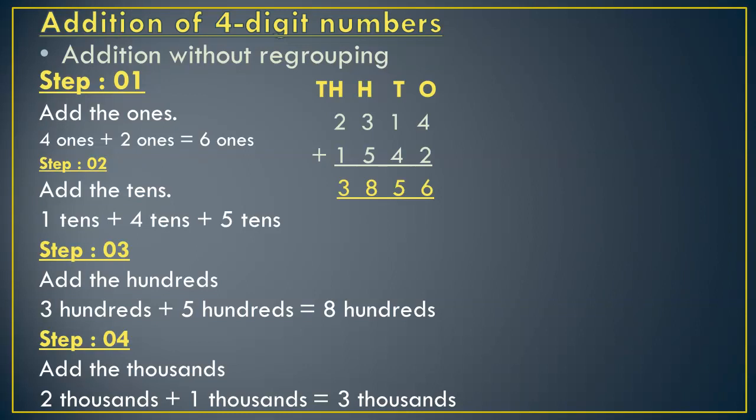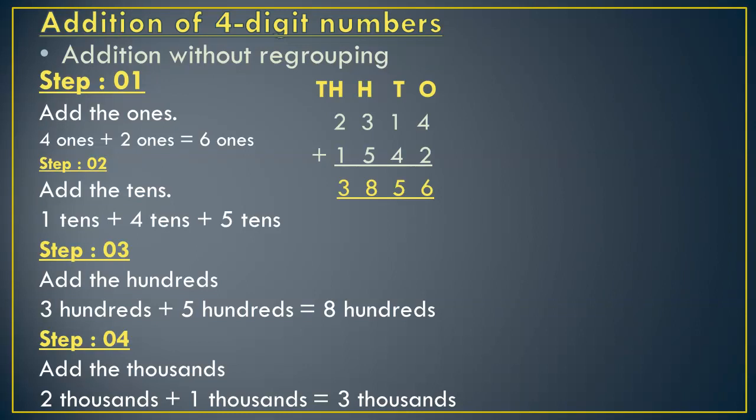We ensure that we write the digits of both the numbers at the correct place. Now we are going to add the digits. So how do we do it? It's very simple. We start from the ones place. Start from the right. Add the ones first.